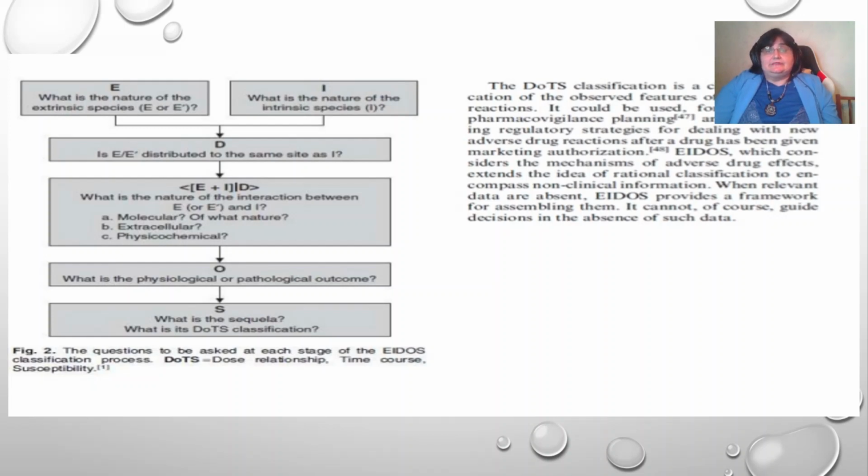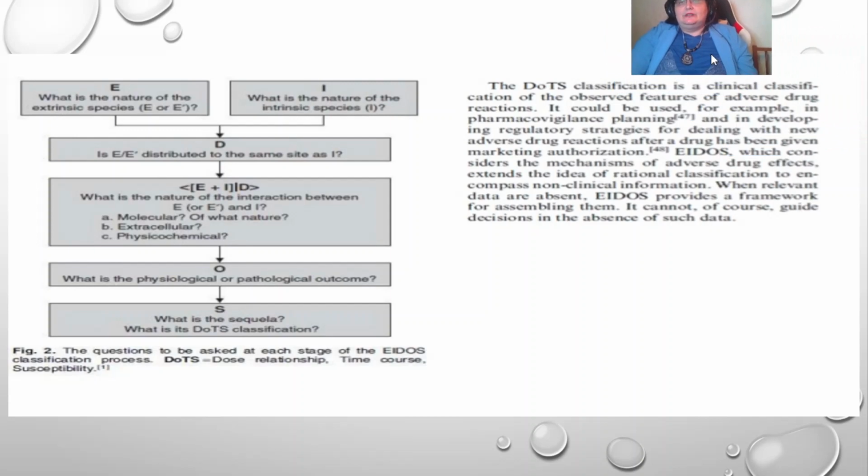As it goes to distribution: is E distributing to the same site as I, and E plus I going to distribution? What is the nature of the interaction between E and I? It's molecular, it can be extracellular, physicochemical. What is the physiological or pathological outcome, and what is the sequela, what is the DOTS classification?